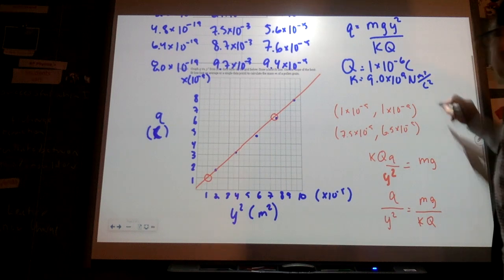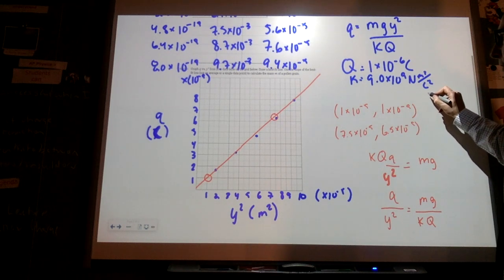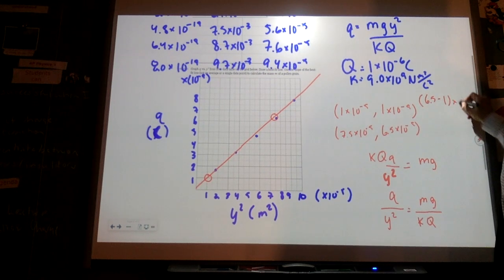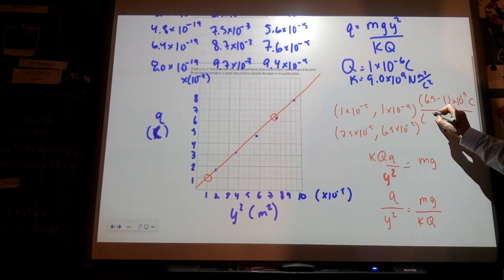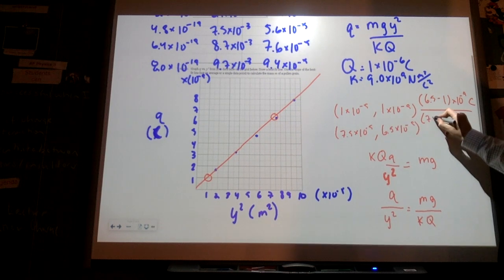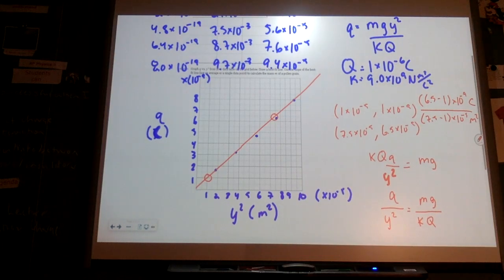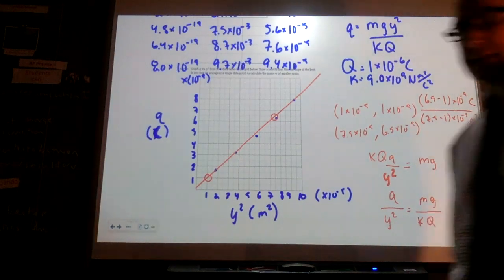All right, so I'm going to do 6.5 minus 1 times 10 to the negative 9th coulombs, and I'm going to do 7.5 minus 1 times 10 to the negative 5th meters squared. And you should have substitution with units for this.